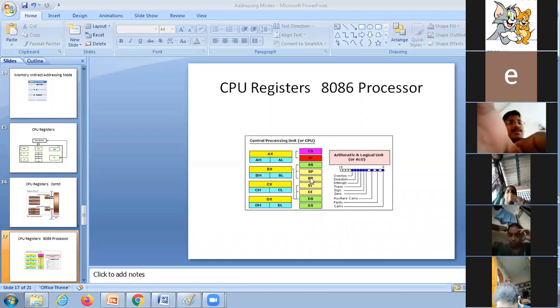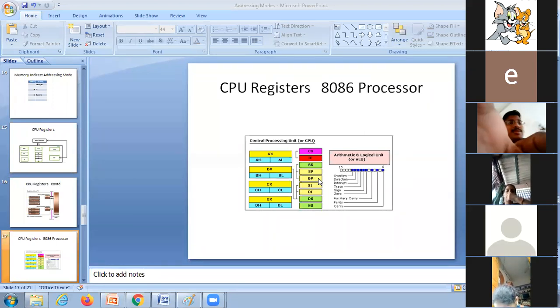That is base index. Base pointer is used for indexing purpose, or base. It gives the base address for index purpose. That is base pointer.